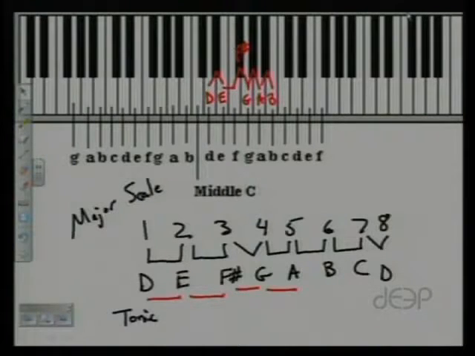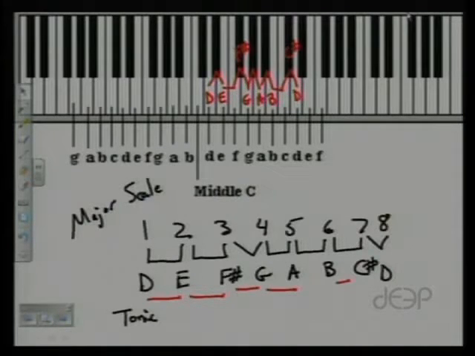B to C is supposed to be a whole step. B, there's C, that's just a half step. We have to go one more. That C will be C sharp. And now, from C sharp to D is supposed to be a half step, and in fact, that works out.